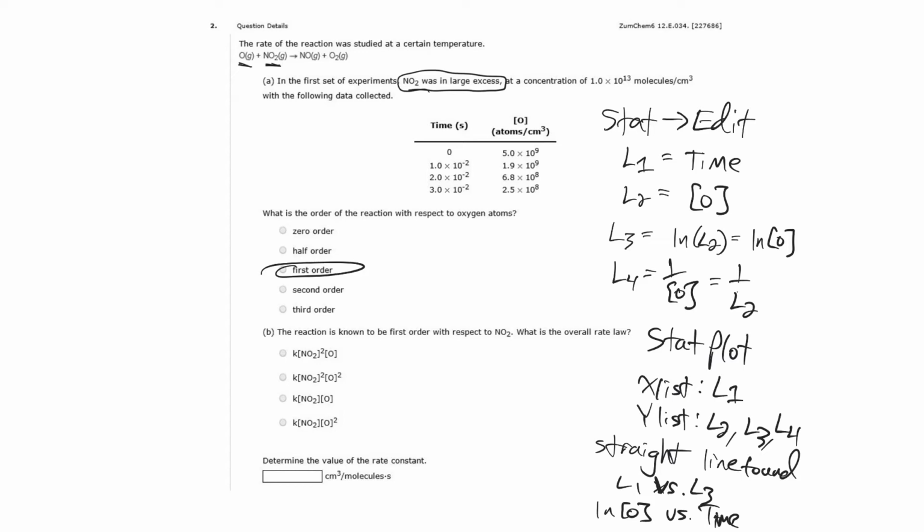And if they're telling us that in part B the reaction is known to be first order with respect to NO2, what's the overall rate law? Well, if we go back to the original equation, if I didn't have a large excess of NO2, I would have to say this differential rate law can be written as the initial concentration of oxygen raised to some power x times the initial concentration of NO2 raised to some power y.